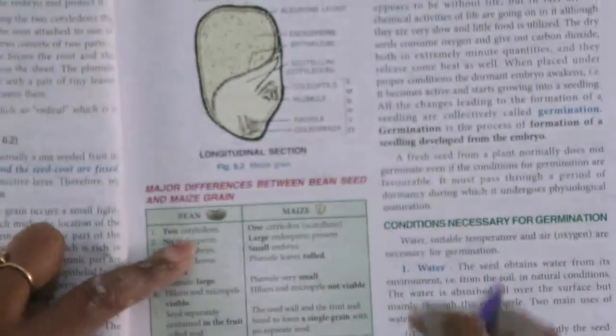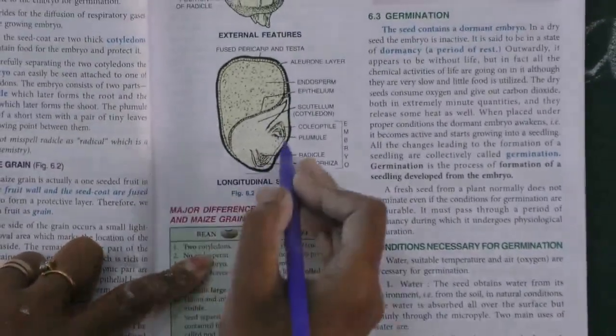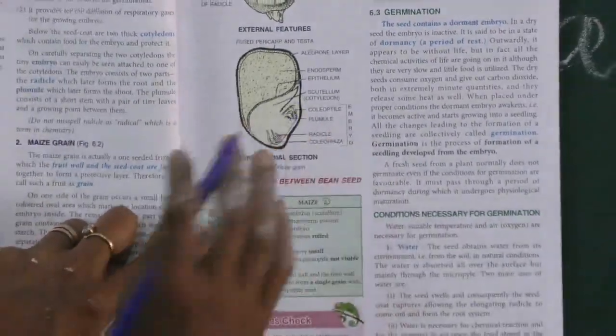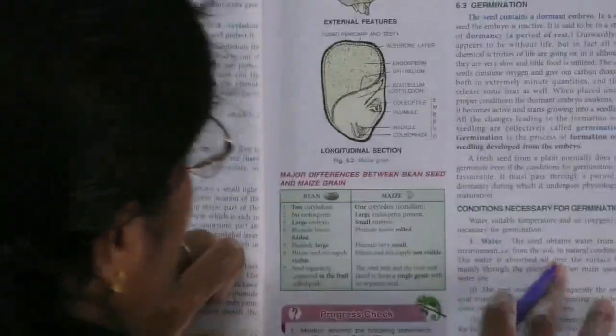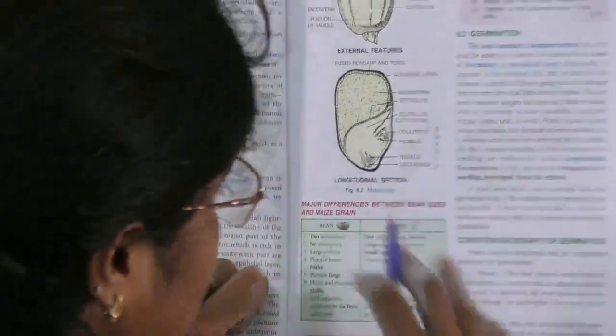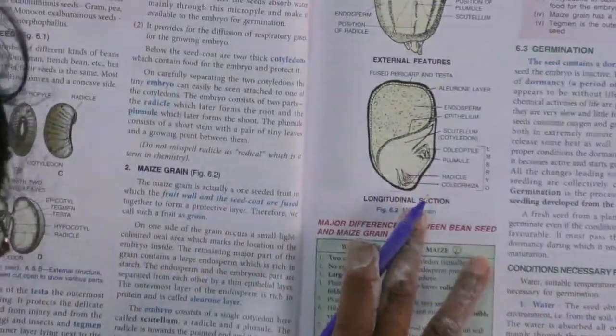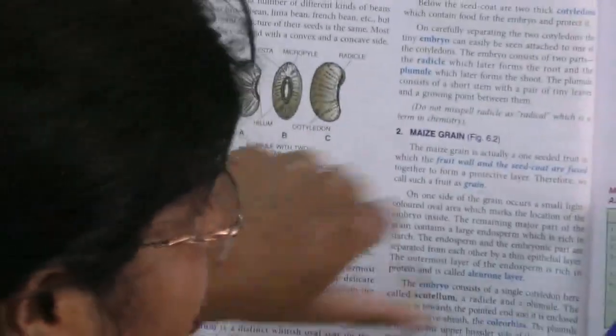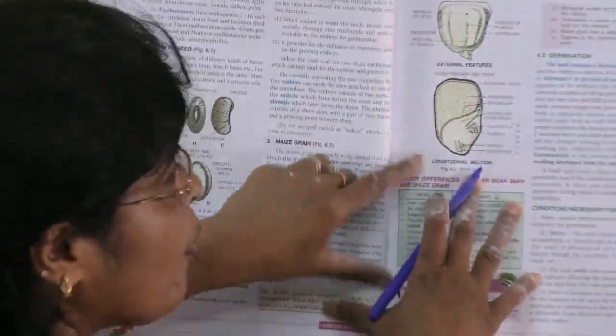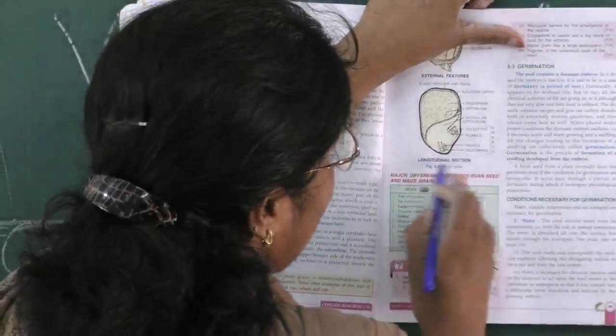When you open up a maize seed, this part is so tiny that it is not very clearly visible. The embryo in monocot is very small, not so prominent as in dicot. Is it clear? So draw the diagram of this.